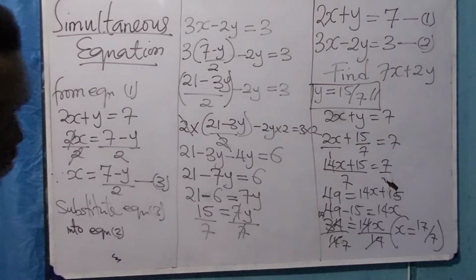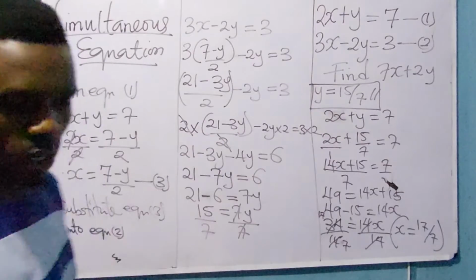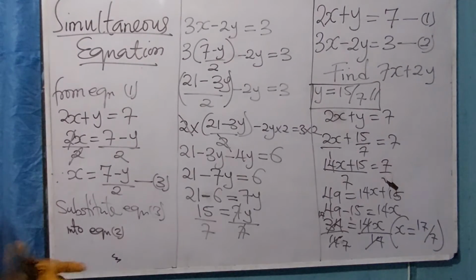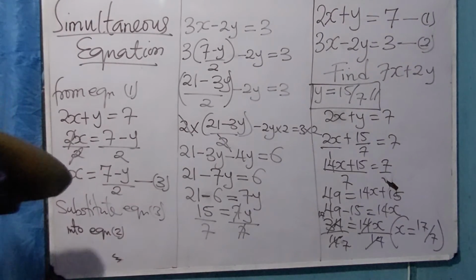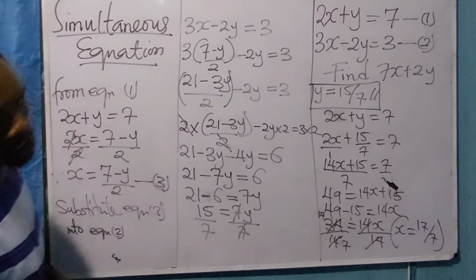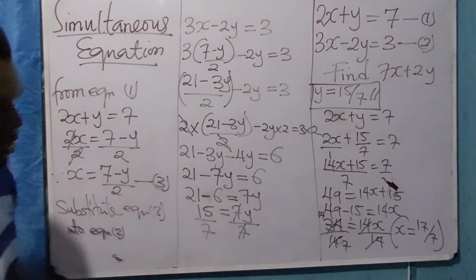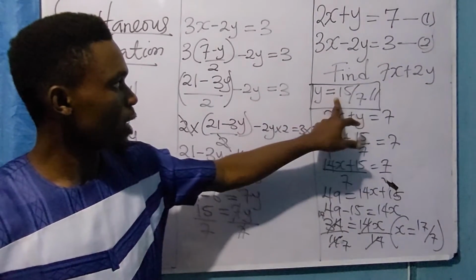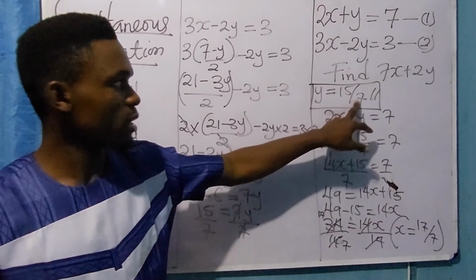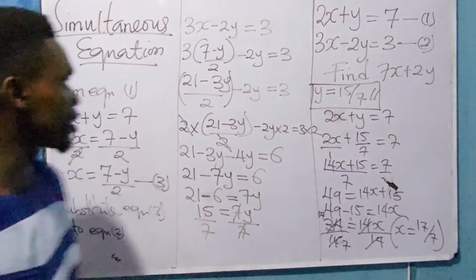Before we proceed to find the value of 7x plus 2y, it's good we check. There's one thing that is funny about mathematics. If you miss a step while solving a mathematical question, it means everything you've solved so far is wrong. Now, since we've gotten y as 15 over 7 and x as 17 over 7, let us check.